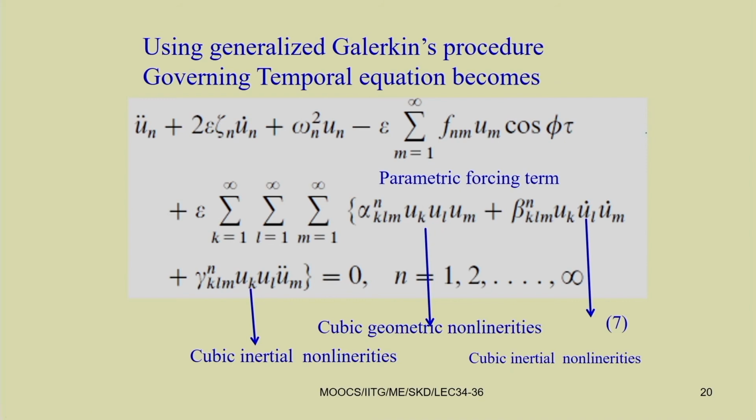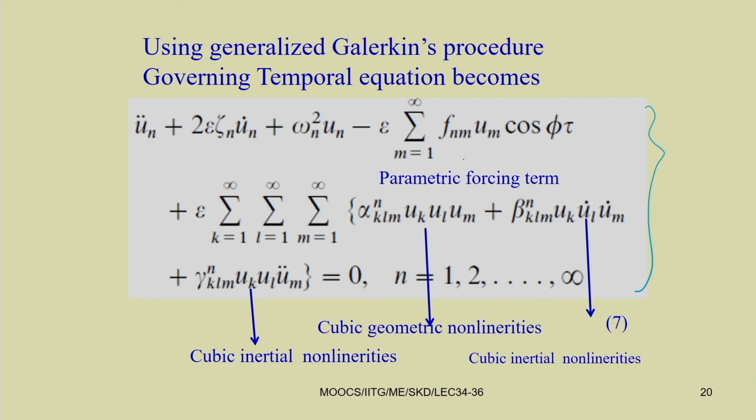So, this is the governing temporal equation of motion. Here you can see the equation is written in this form: u n double dot plus 2 epsilon zeta n u n dot plus omega n square u n minus epsilon, sum over m equal to 1 to infinity, f n m u m cos phi tau.